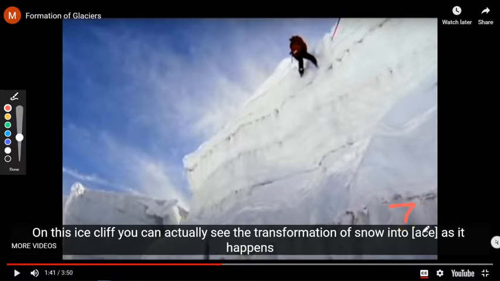So this is many different seasons of snowfall, all on top of each other. So as the layers compact on top of each other, it pushes the air out of the different layers of snow. And as the air is pushed out, the ice forms stronger and stronger, which eventually turns into glacial ice.